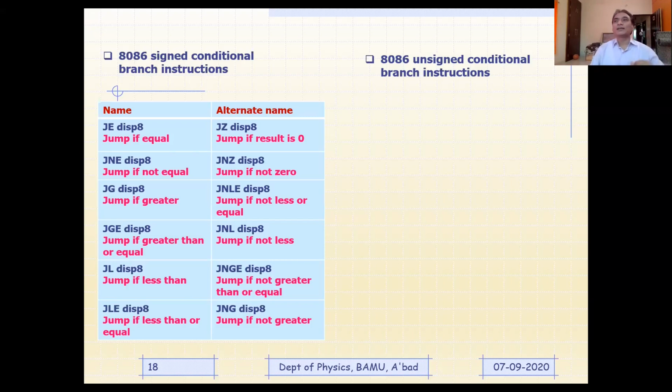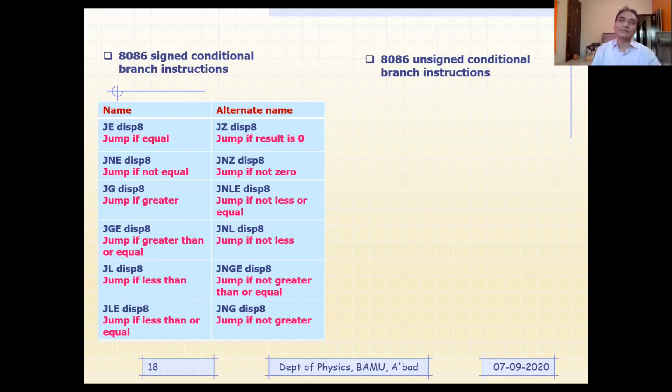We know BL is going to be subtracted from AL. In a compare instruction, no register is going to be updated, but only flags are going to be updated.